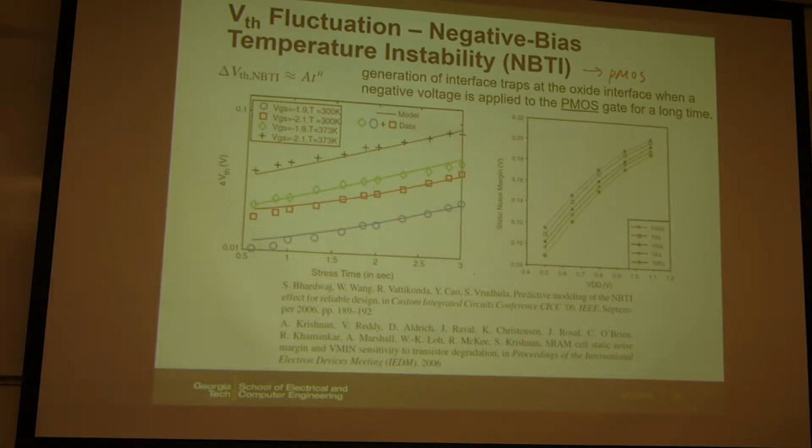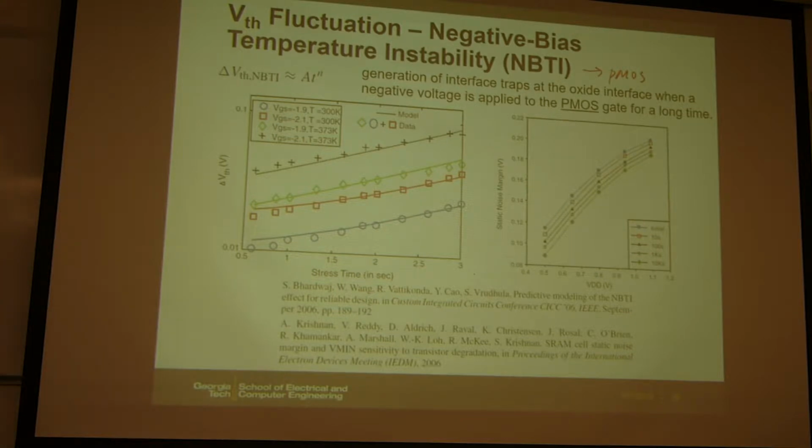So this is a well-known reliability problem. This is a long-time effect. So the RTN is more like a short-term temporal fluctuation. But the NBTI is a long-term problem. That means over months or years, the VTH will gradually shift over time.